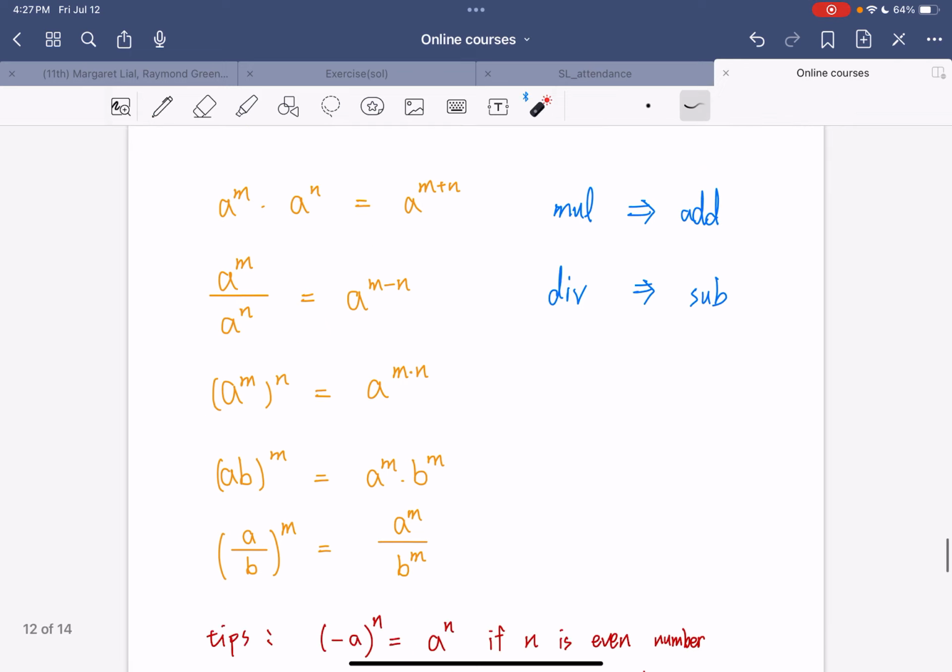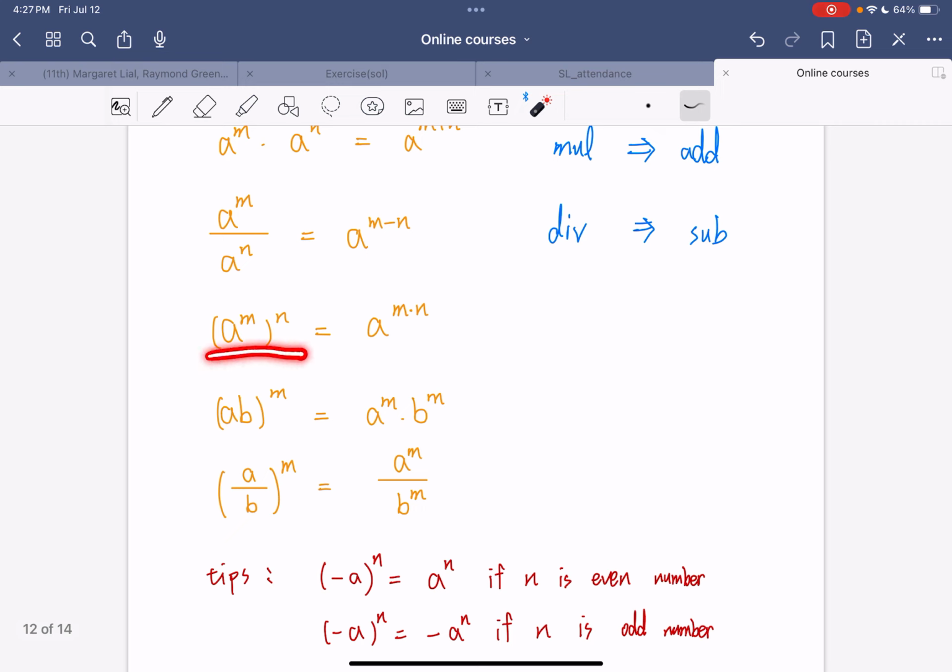And following on, we got some bracket things. If the exponent is outside of a bracket, then what you do is actually you apply it to each component, so it becomes multiplication of components. These two are something that we might forget.